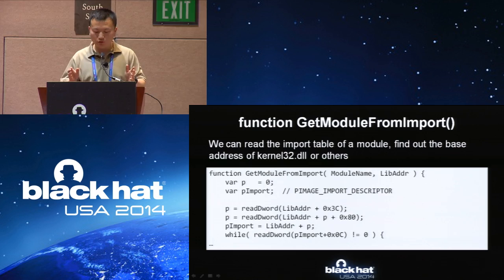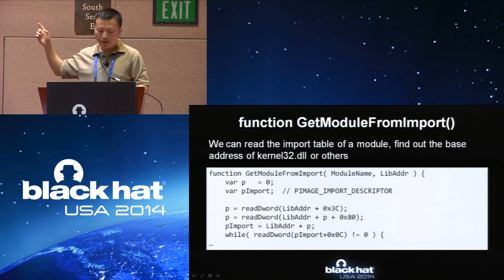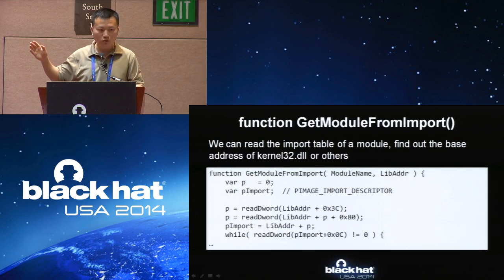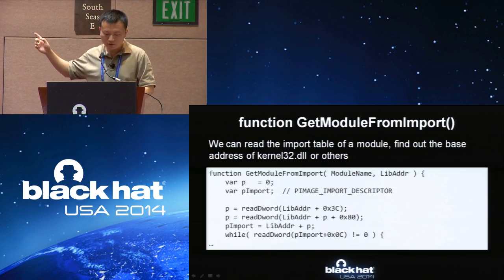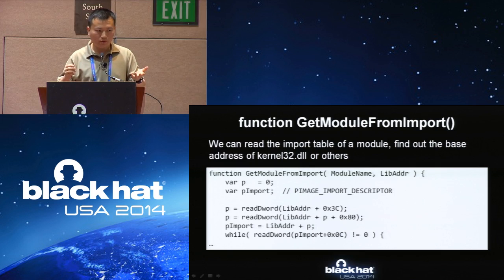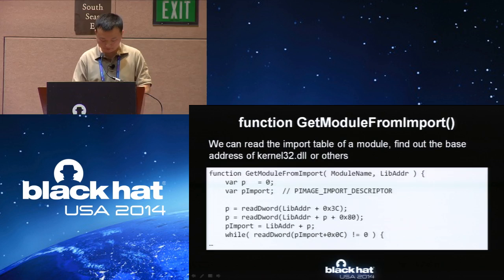When we get a module's base address, but this module is not what we want, we can use that function to find any module in the import table, like kernel32. This function will read a module's import table and find the other module we needed. It's quite simple.